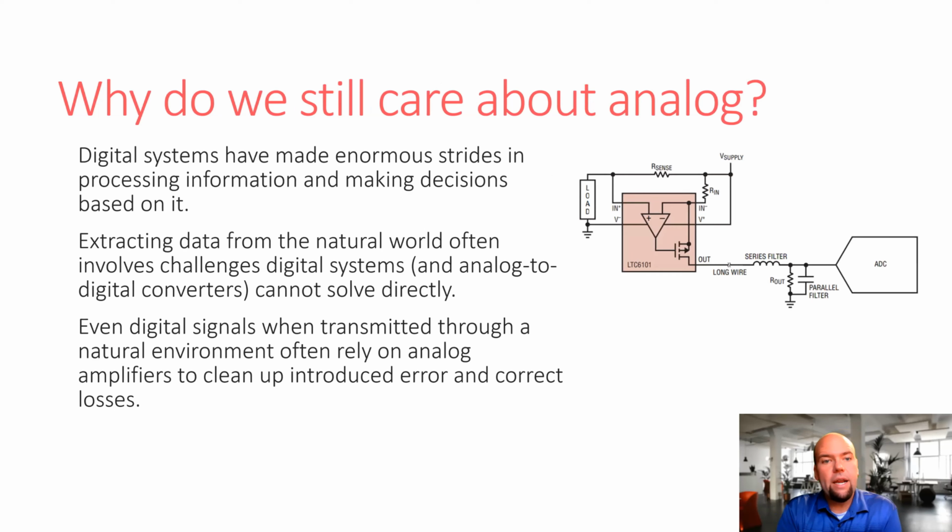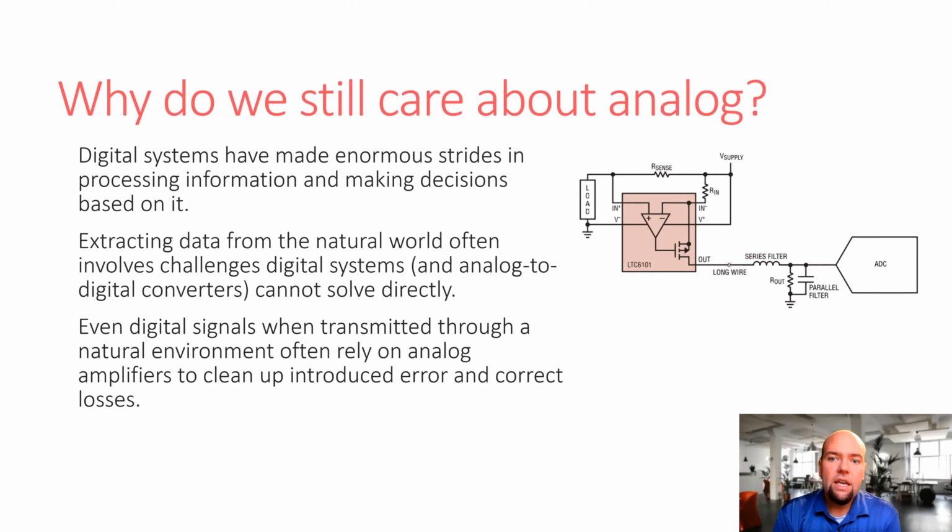Okay, so why do we still care about analog? Many analog systems have been completely replaced by digital systems. There are entire fields of study that people used to do that they don't do anymore because they've become obsolete by digital technology. So why do we still care about op-amps, these analog amplifiers?